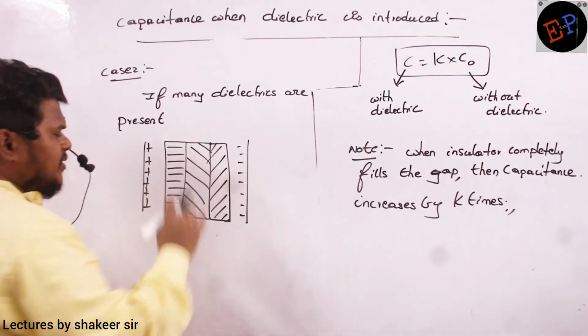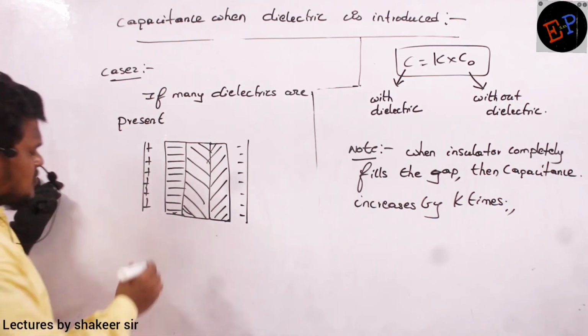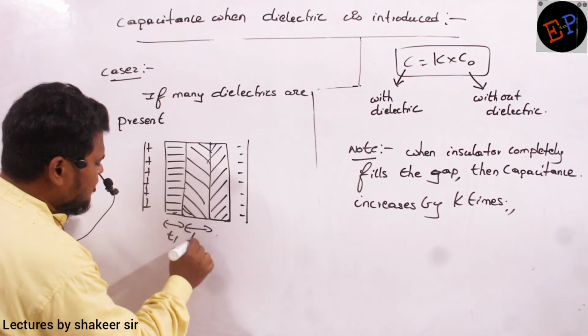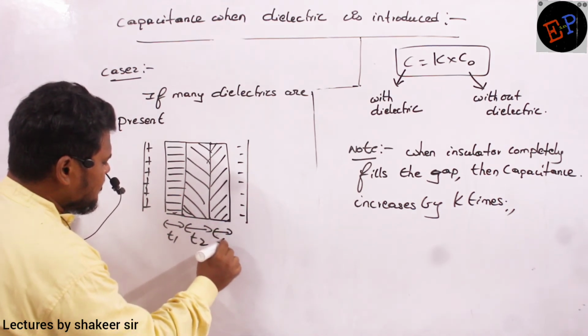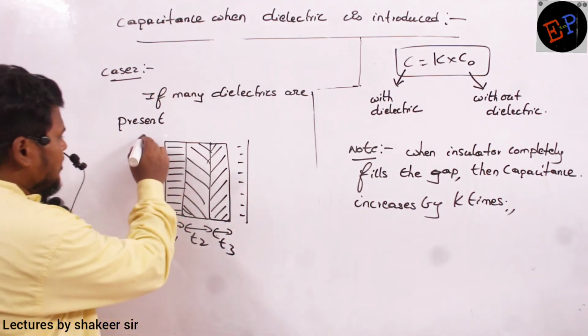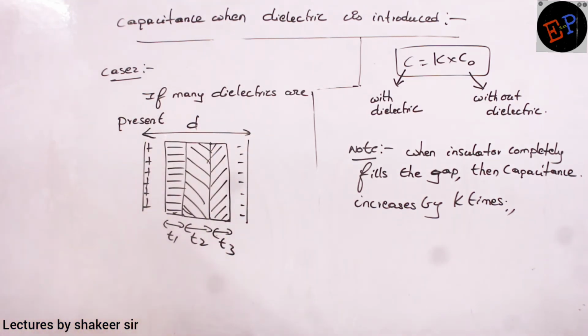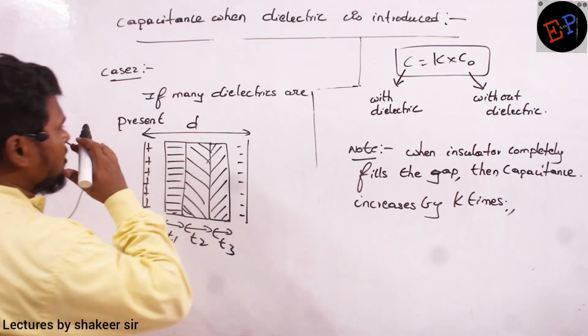So consider there are 3 dielectrics now. Thickness of one dielectric is T1, thickness of second one is T2, thickness of third one is T3, and total distance between the plates is D. Understood, no? Now in this condition, how can I calculate the capacitance?